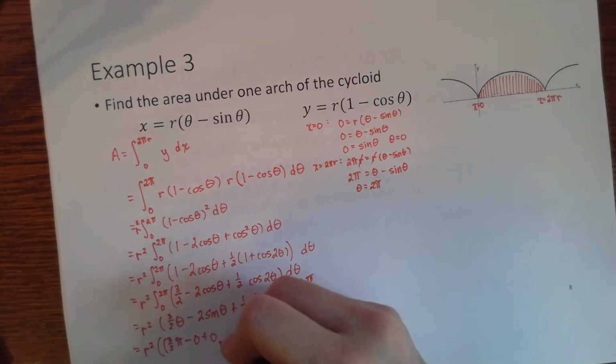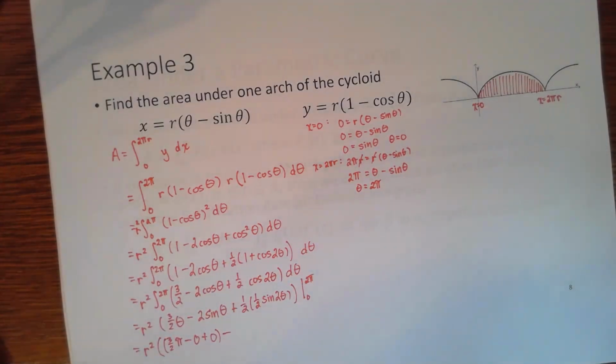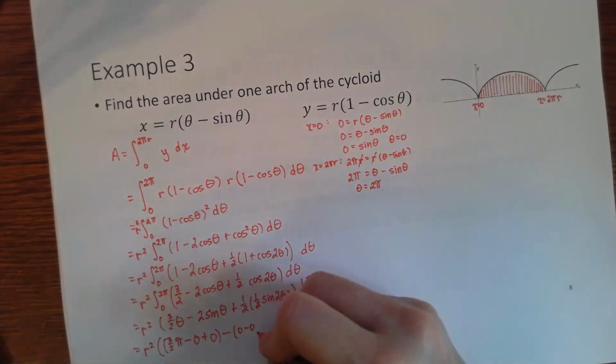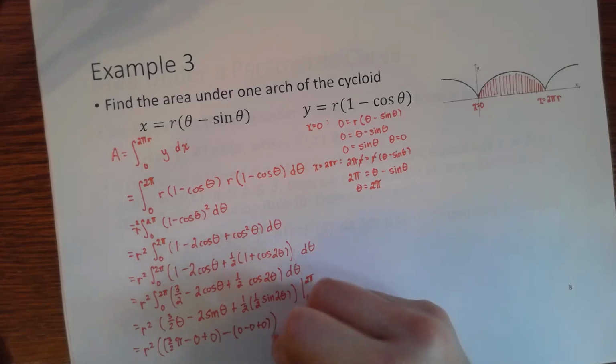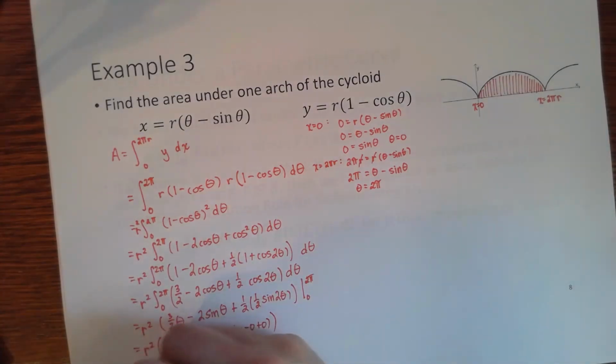Let me put this one in parentheses, and then minus, and when I put 0 in here, well, 3/2 of 0 is just 0, sine of 0 is 0, that one's just 0, sine of 0 is still 0, so that one's just 0.